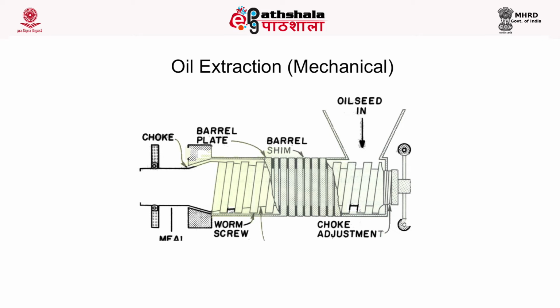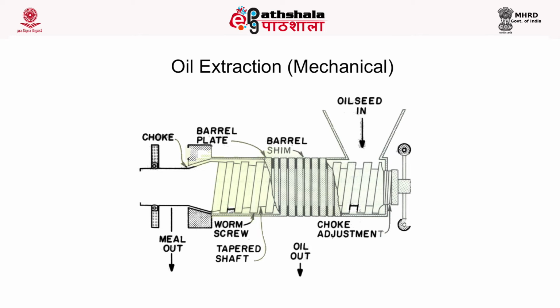And because of the compression, at the other end of the screw the oil extraction takes place, and the oil comes from the end of the screw, and towards the end is the meal discarded by the machine.